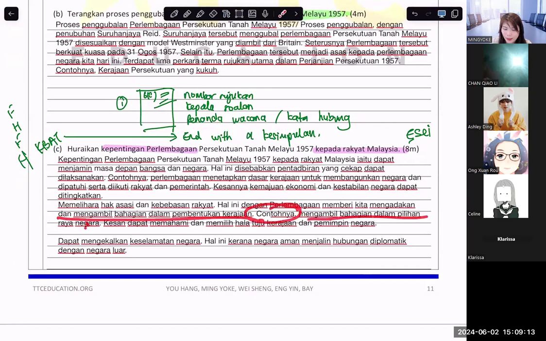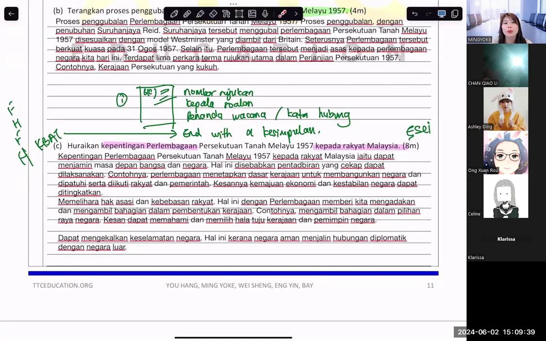Contohnya, mengambil bahagian dalam pilihan raya negara. Kesan, dapat memahami dan memilih hala tuju kerajaan dan pemimpin negara. So perlembagaan also allows us to mengekalkan keselamatan because negara aman menjalin hubungan diplomatik dengan negara luar. So on and so forth. You can put everything there according to perlembagaan. You okay?